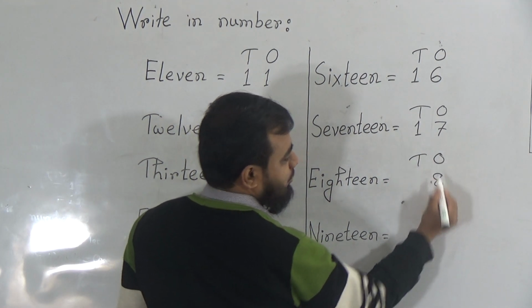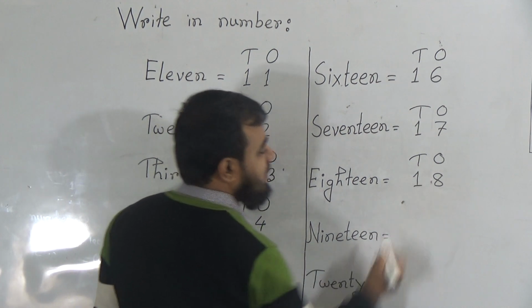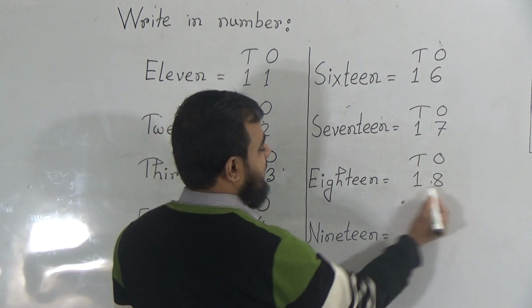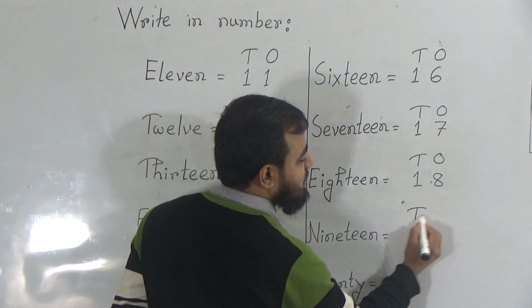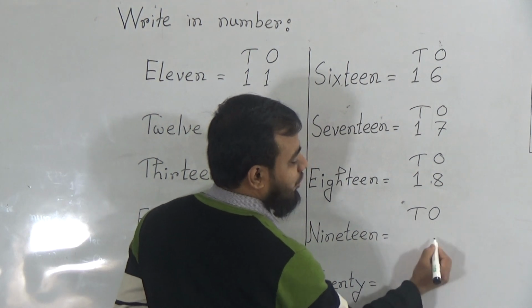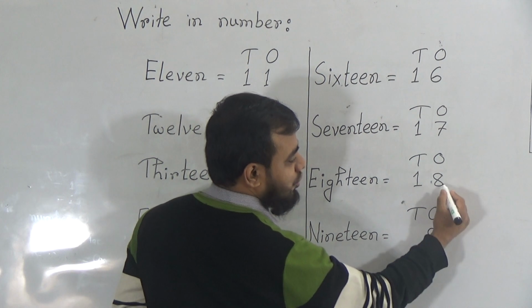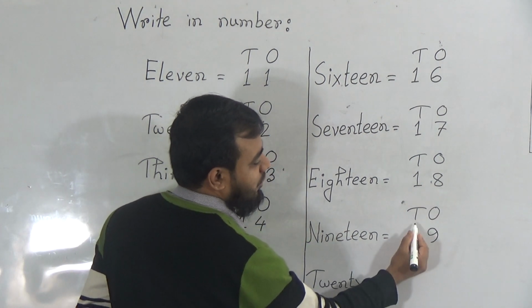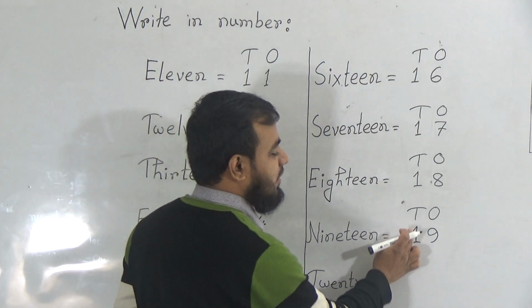So in the ones position we write down 8 and in the tens position we have 1. So 1 and 8 make 18. The next number is 19. It's a similar process. In the ones position, we need to write down 9, because 9 comes after 8. Now in the tens position we have 1 again. So 1 and 9 make 19.